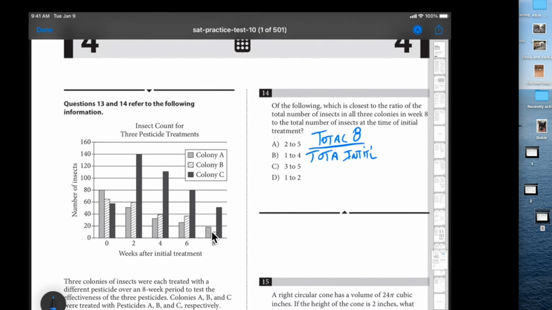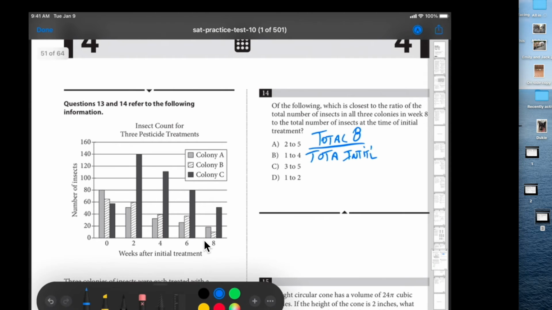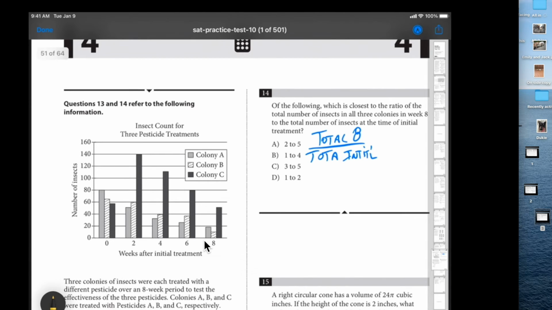For example, you see this bar here, how it's close to 20? I'm going to call that 20. So let's proceed. So the total in the numerator, the total at week 8 is going to be 20 plus this value here. It looks to me to be halfway between 0 and 20. I'm going to call that 10. And halfway between 40 and 60, I'm going to call that 50.